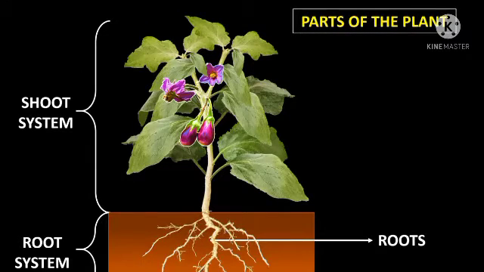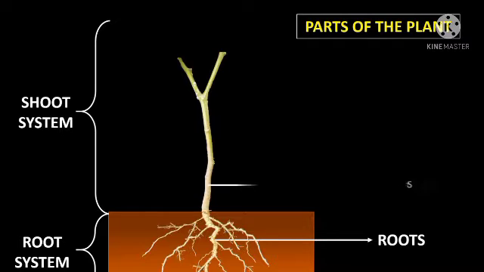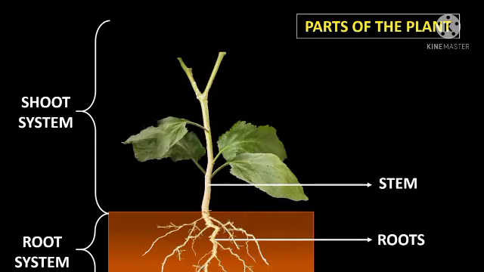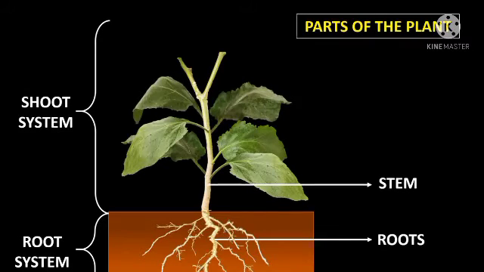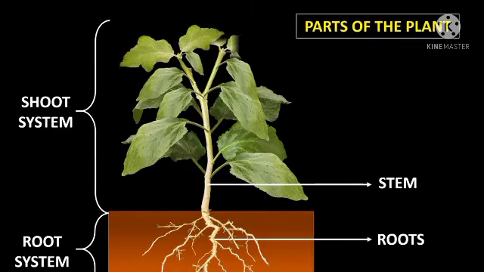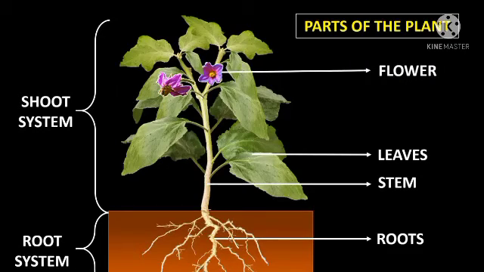Second one, shoot system. In the shoot system, the stem is the main part of the plant. There are so many parts on the plant: stem, leaves, flowers and fruits.